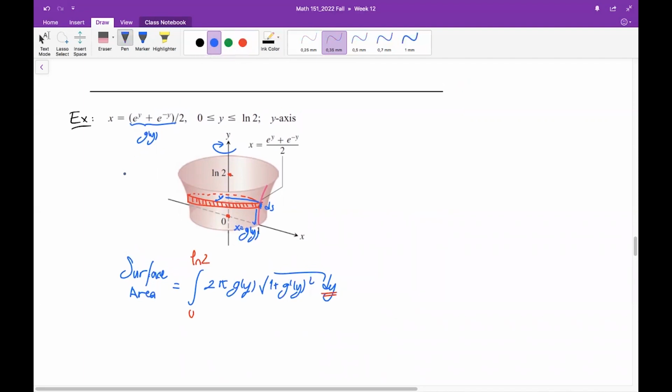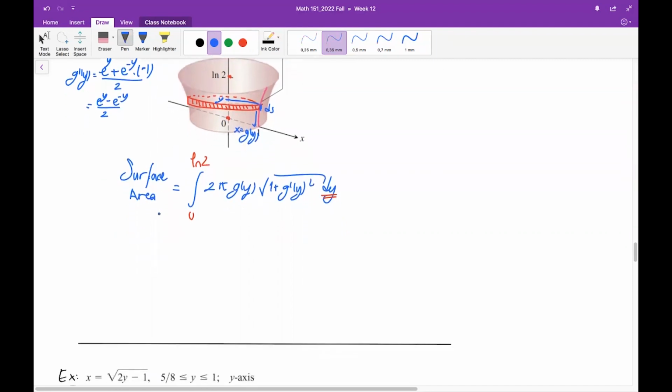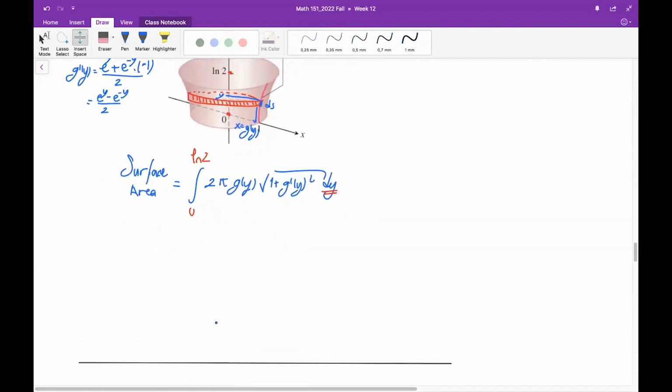And now we need the g of y function, which is given here, and g prime of y. What is the first derivative of this function? g prime of y is e to the power y itself times the derivative of the power, divided by 2. So it is, in fact, e to the power y minus e to the power minus y over 2. Okay, let's insert everything into our definite integral.